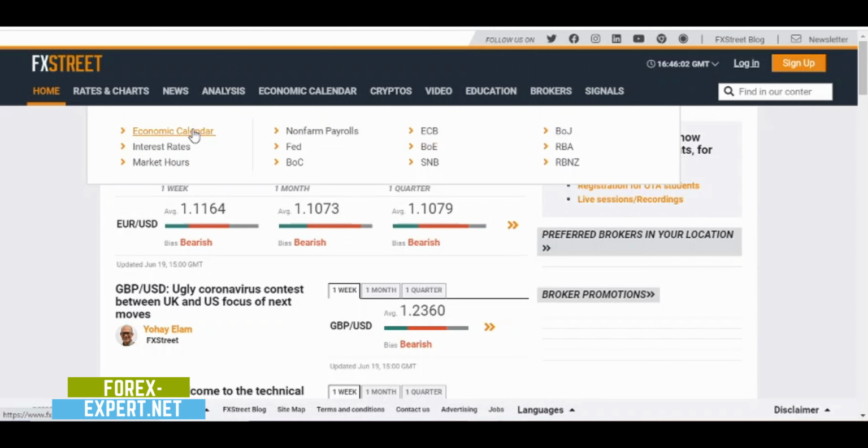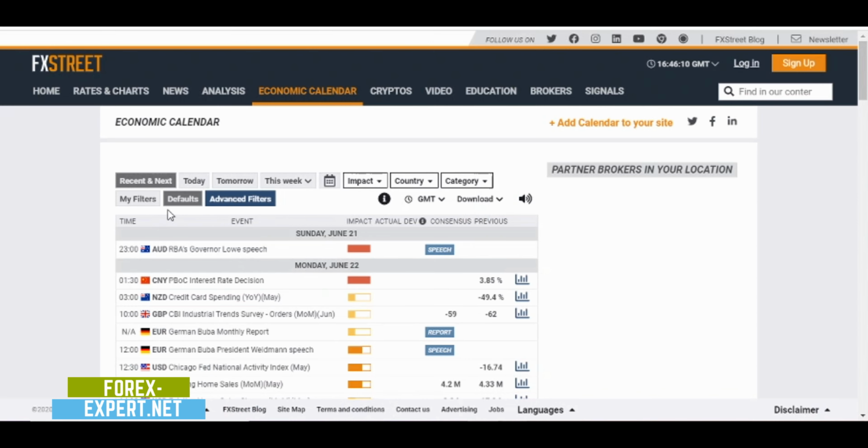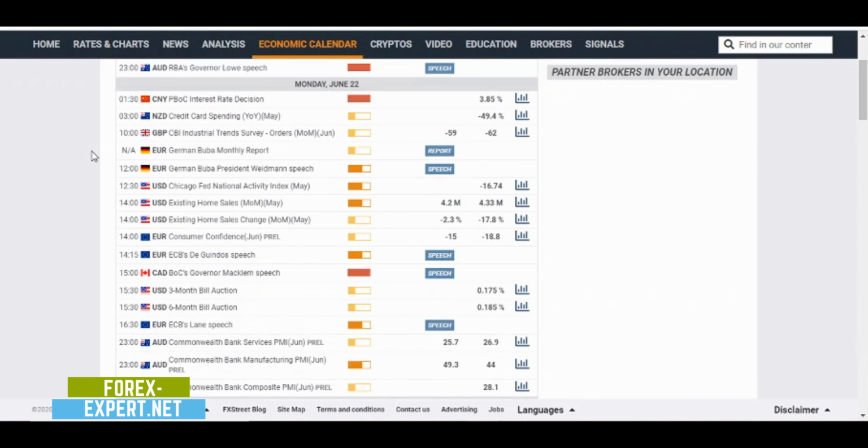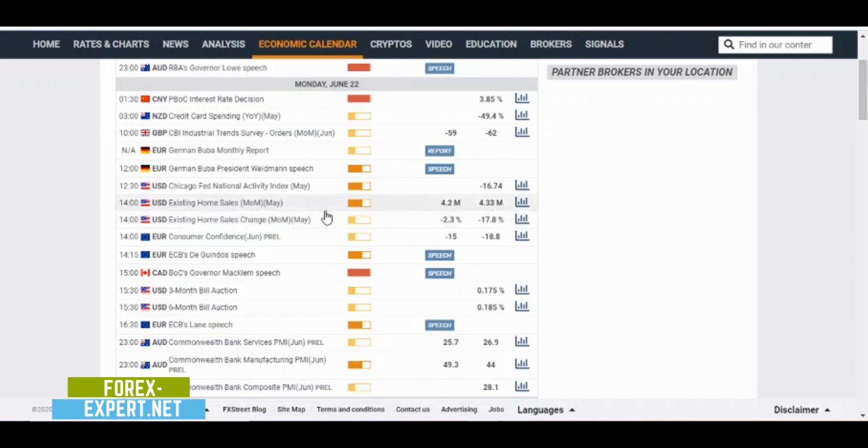Okay, so if you click here on economic calendar, we will find again the complete list. It's not a bad idea to cross the calendars to see if you are missing an appointment. Okay, so they got this bar, and the red bar is high volatility, the half bar is moderate, and then this little yellow bar is low.